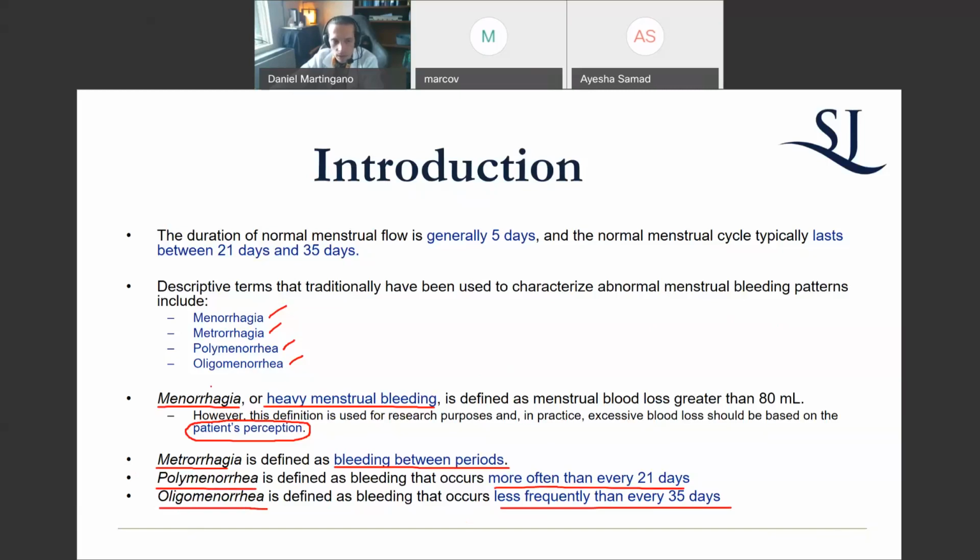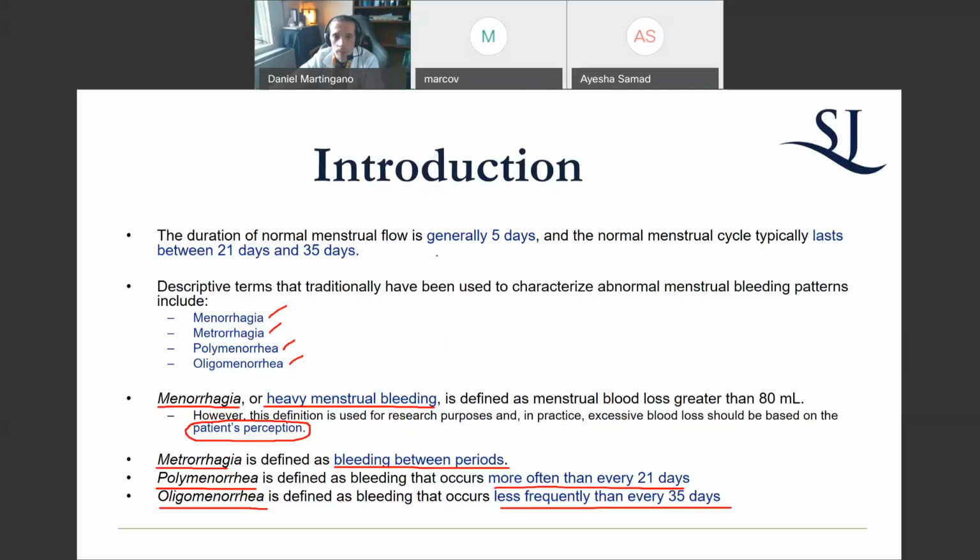Menorrhagia you may hear because heavy menstrual bleeding is usually the principal problem, but usually you'll hear heavy menstrual bleeding. Intermenstrual bleeding is sometimes the term that you'll use, which is spotting, which is really metrorrhagia. Amenorrhea is a term that you will hear, and that's actually still standard. Amenorrhea meaning that you don't have a period at all.